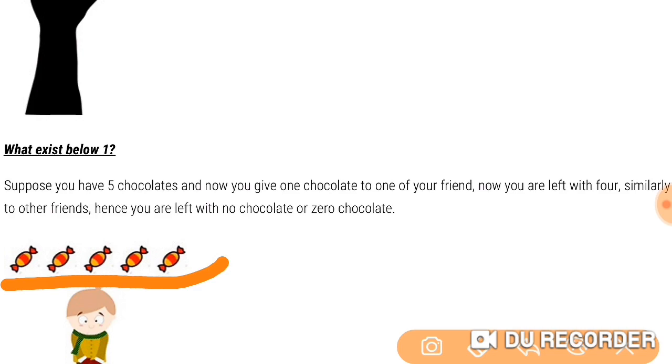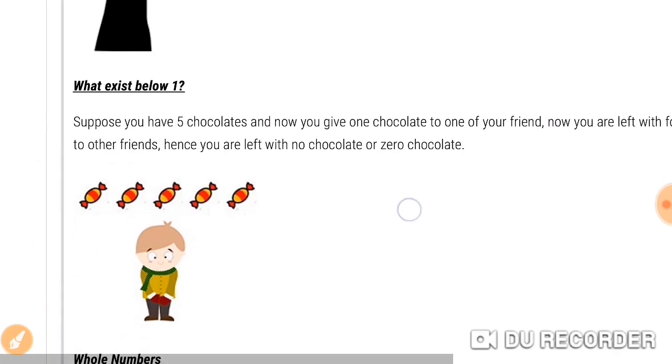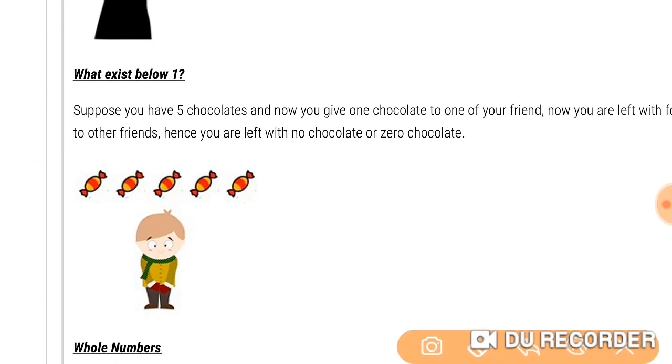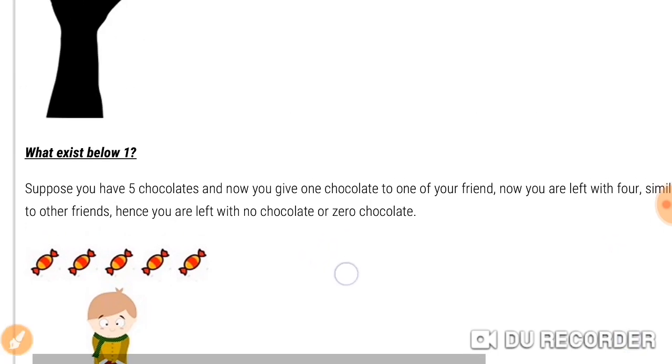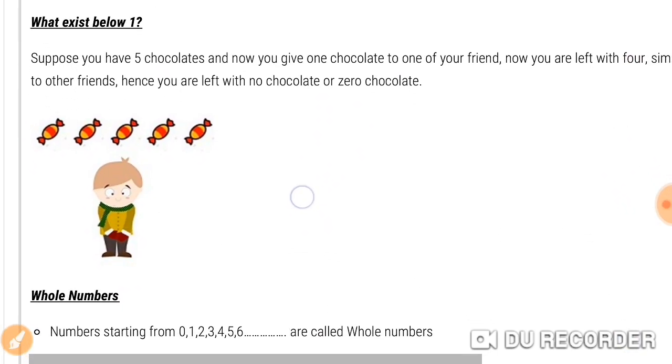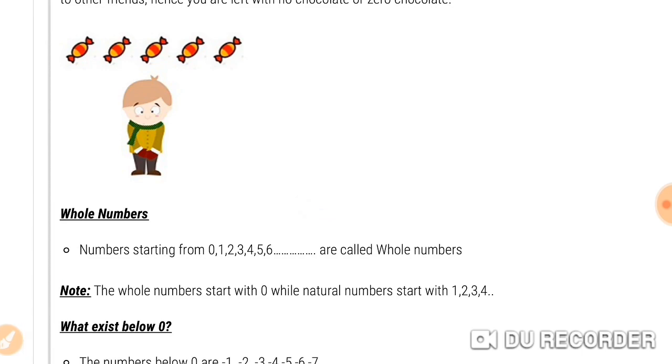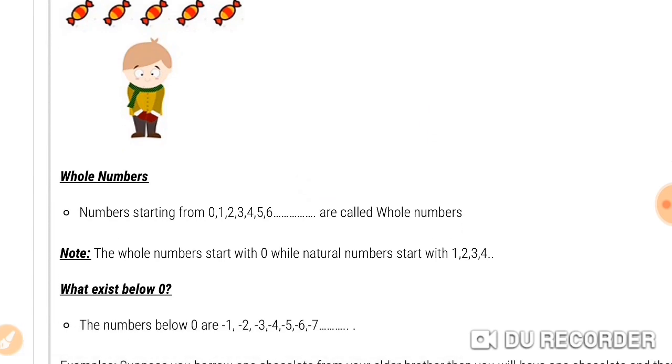Then what is left with you? Yes, this is 0. You have 0 chocolates remaining because 1 plus 4 chocolates becomes 5. Then you are left with a 0. So that 0 is nothing but including whole number.